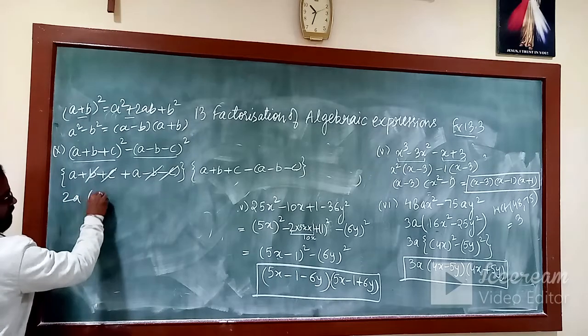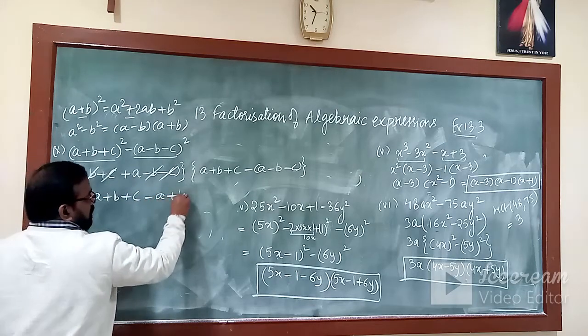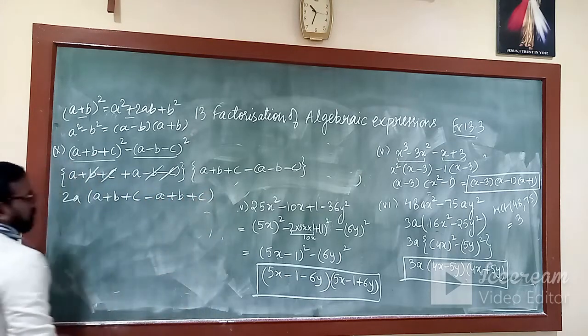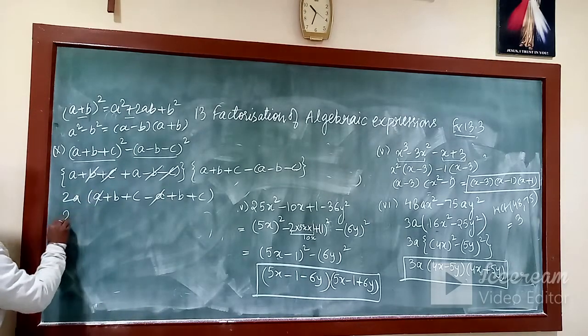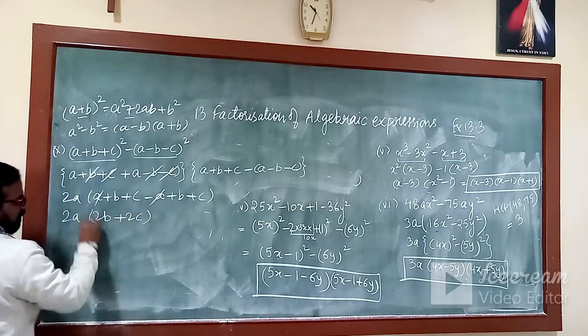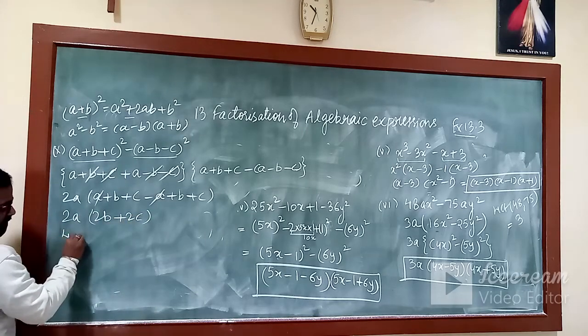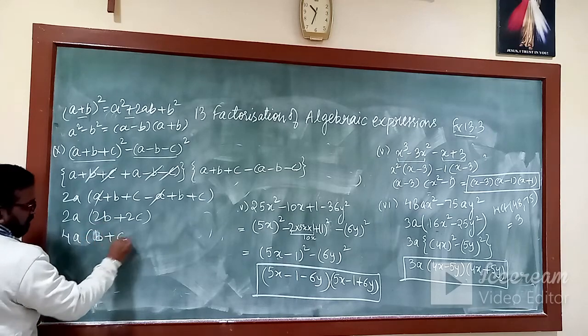Let's see what is left there: minus a plus b plus c, so minus a will cancel out. 2a into 2b plus 2c, or I will take 2 as common, so it becomes b plus c.